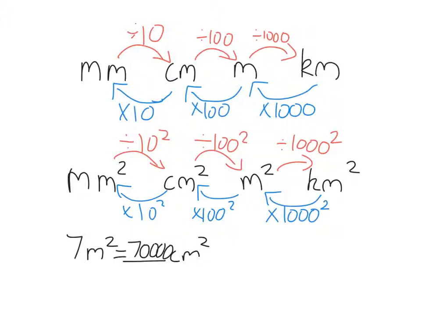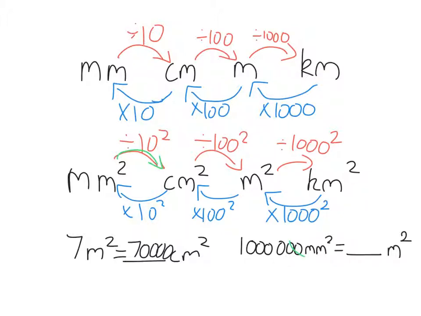Let's say, for example, I wanted to convert 1,000,000 millimeters squared, and I'm going to find out how many square meters that is. I need to follow two arrows. First I need to divide by 10 squared, so I need to divide by 100, which is the same as crossing off two zeros.